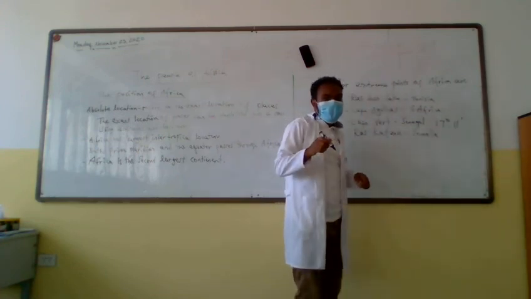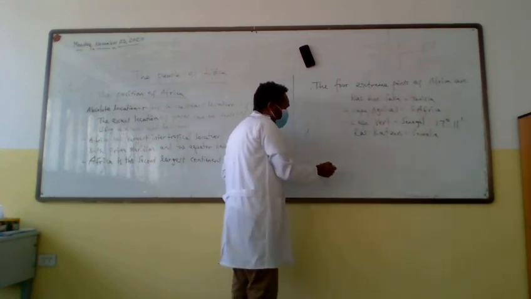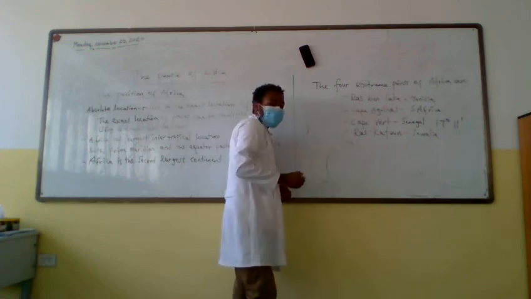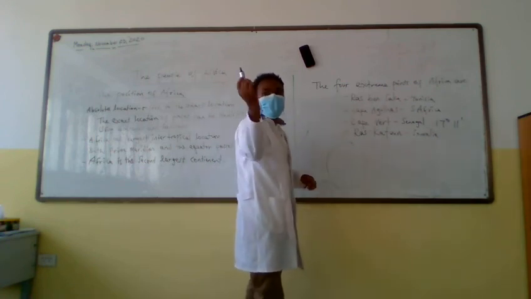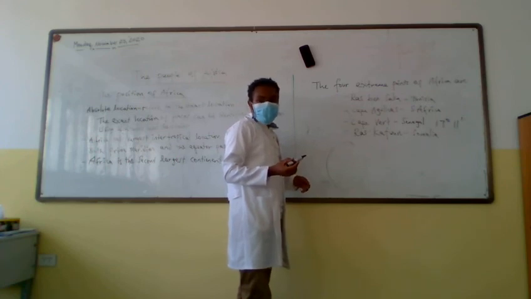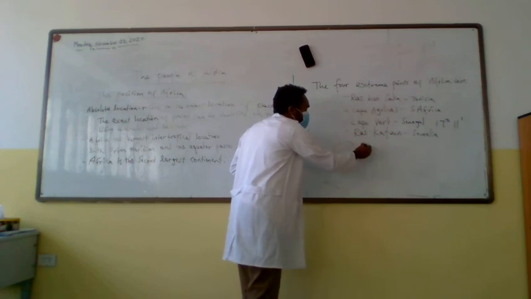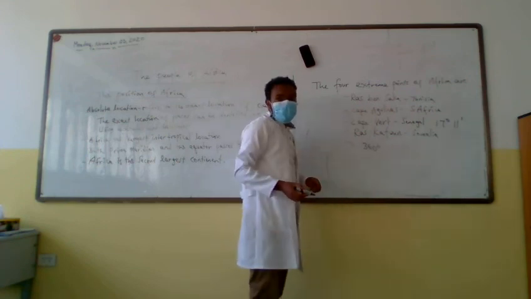When you say the Earth is spherical, to complete one rotation it takes 24 hours, circling 360 degrees.